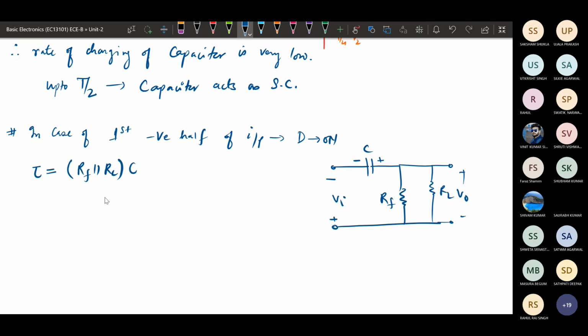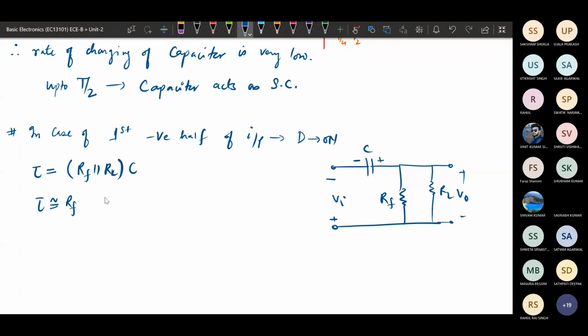If two resistances are in parallel, the result will be even lower than the minimum value, so we can just take the minimum of the two, RL and RF.